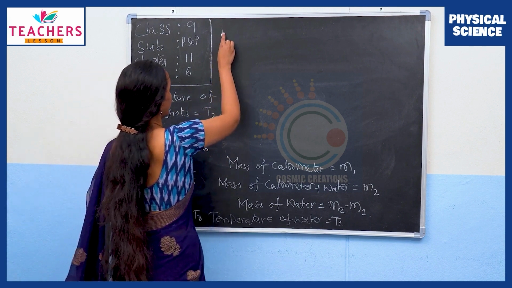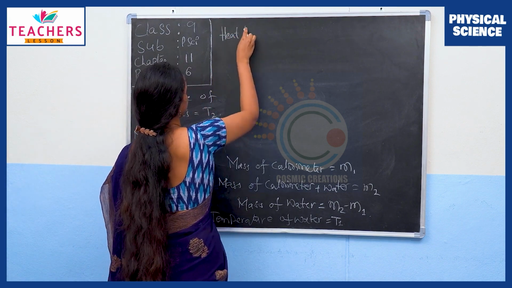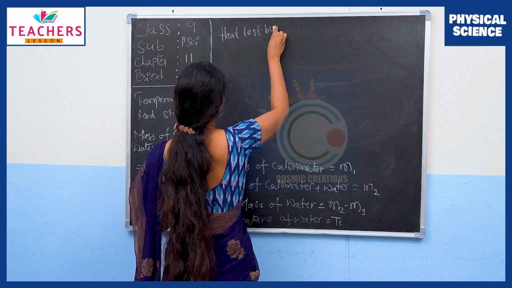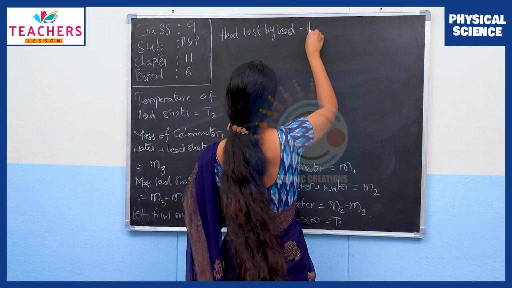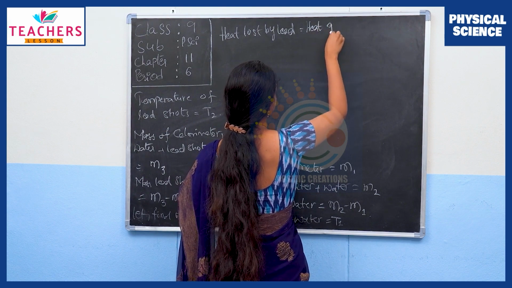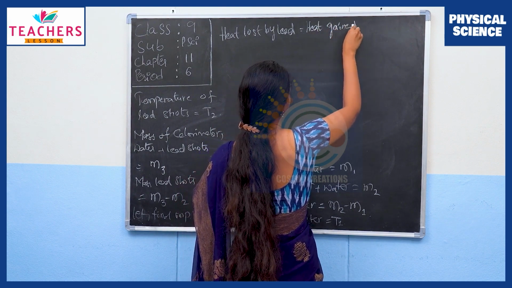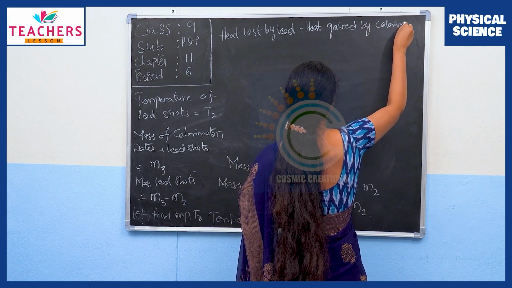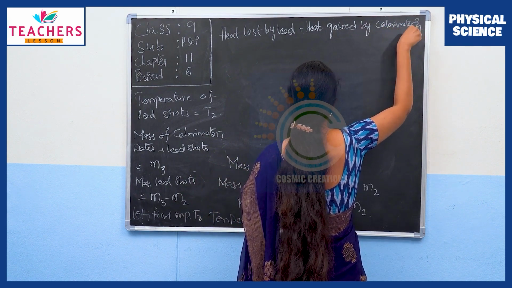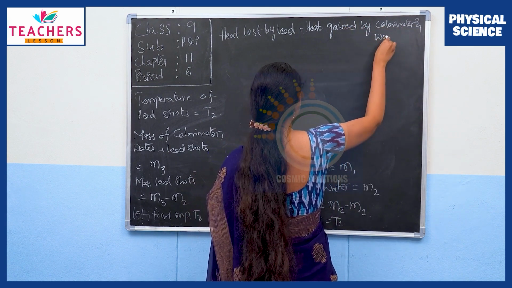Correct? So, heat lost by lead shots equals heat gained by calorimeter and water.